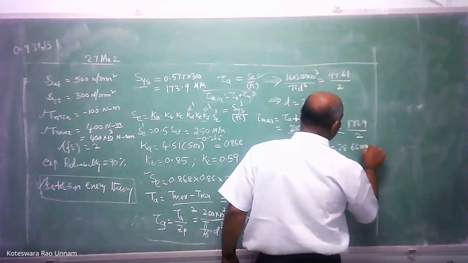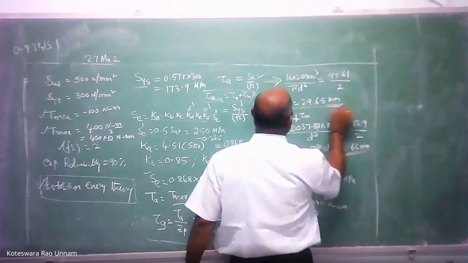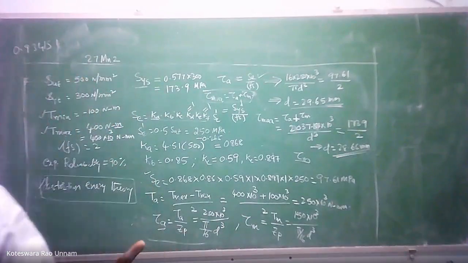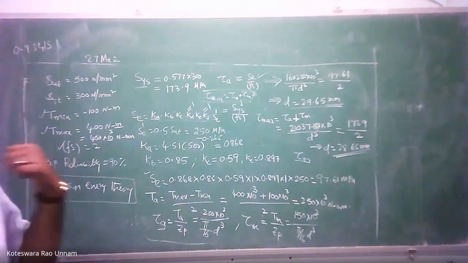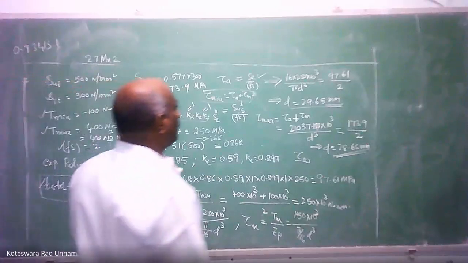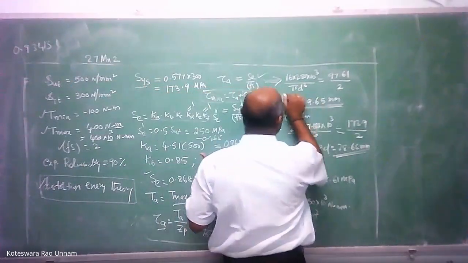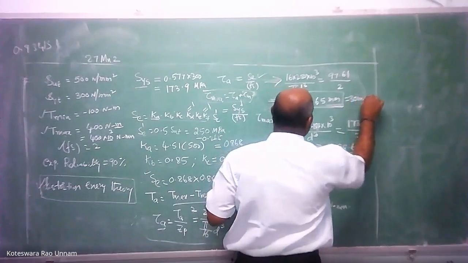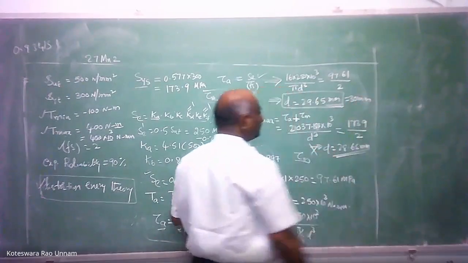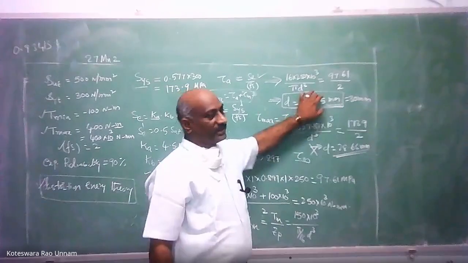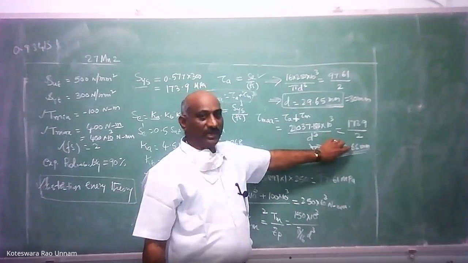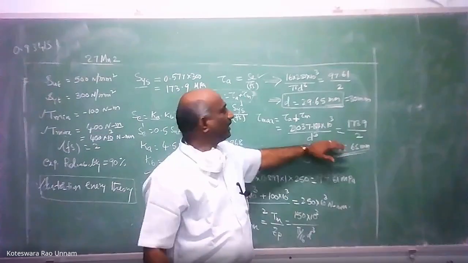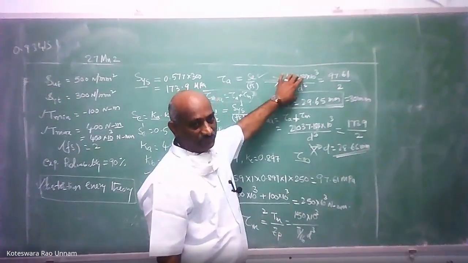So now I got two values. Again, we need to pick one value from these two, which is suitable for the given shaft. You have to pick this D value, that is 29.65, which is equal to 30 mm. Why not this? Because this is a smaller value when compared to this. If I pick this one, the shaft is safe against yielding, but it is going to fail under fluctuating load.